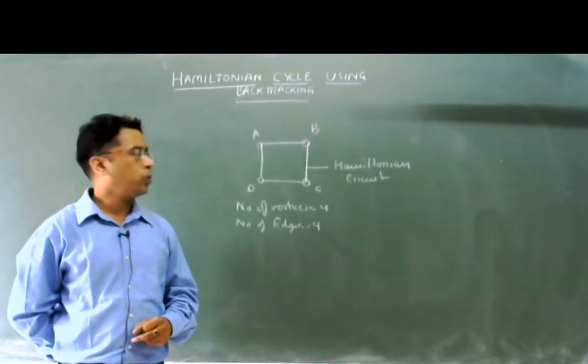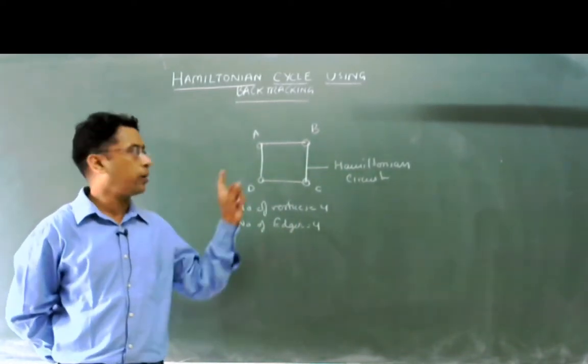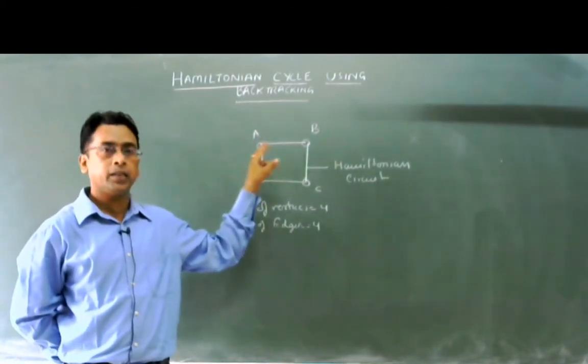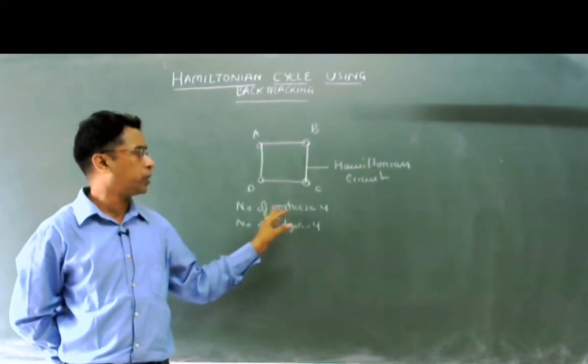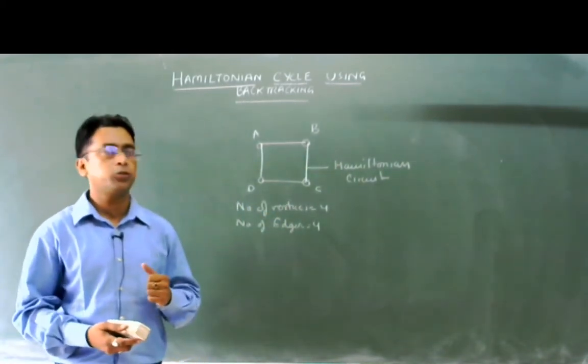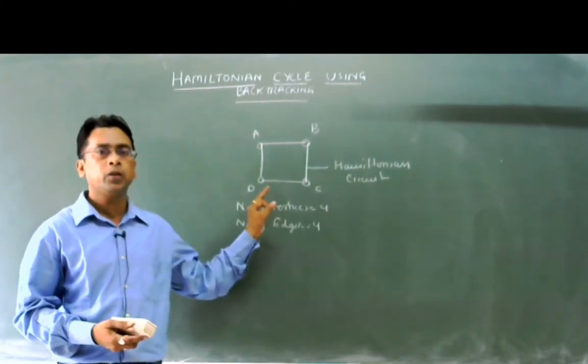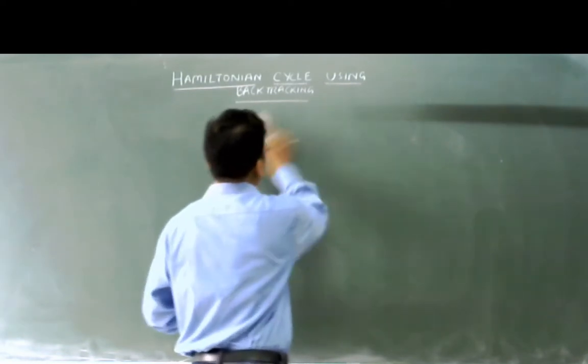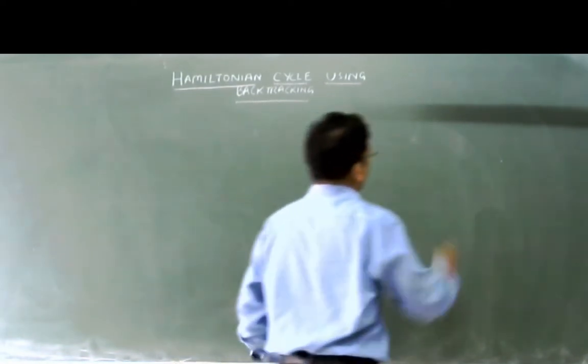We have to connect all the vertices of the graph with exactly the same number of edges as the number of vertices. So now I shall take a graph and show you how to solve this problem using backtracking. So let's take a graph.